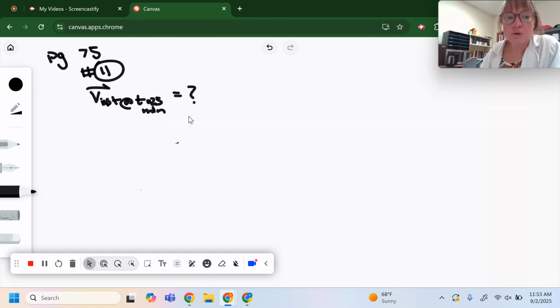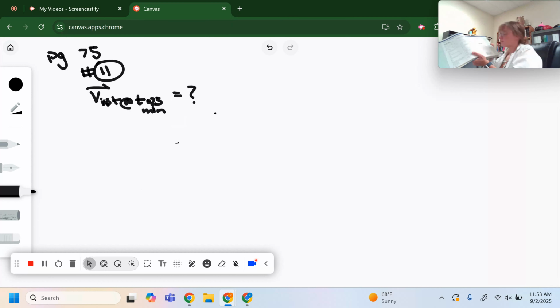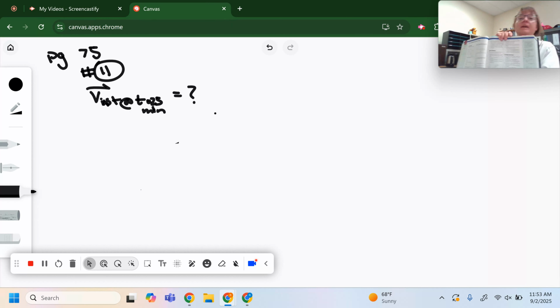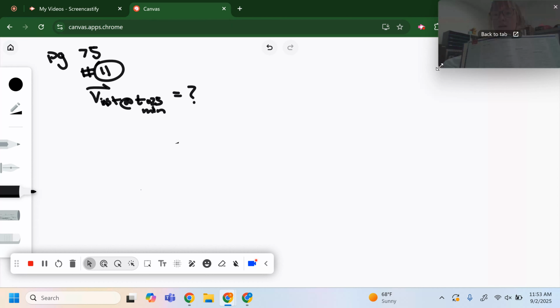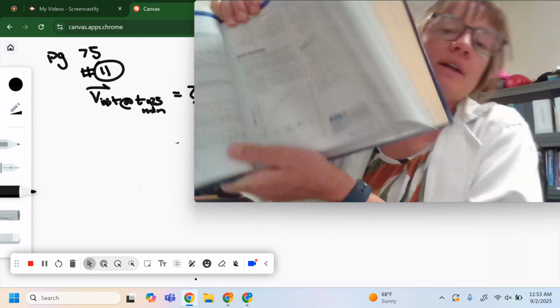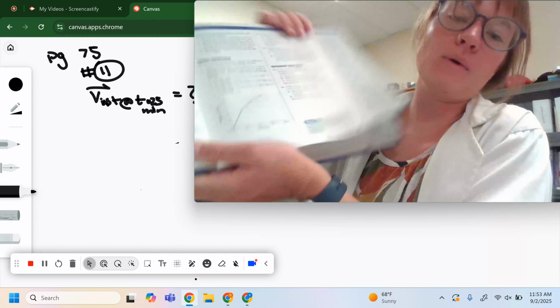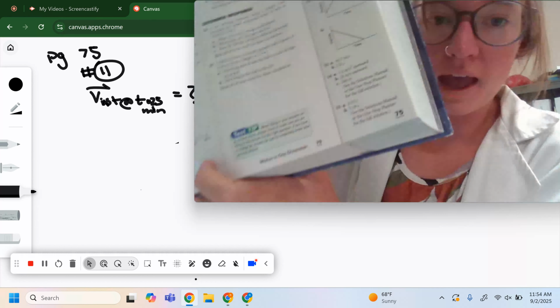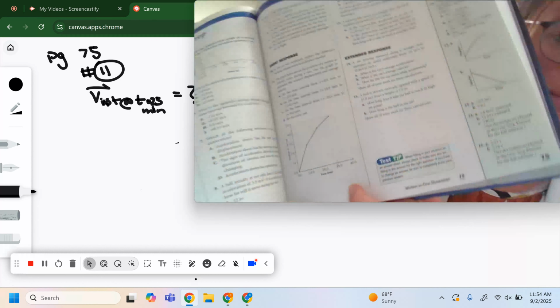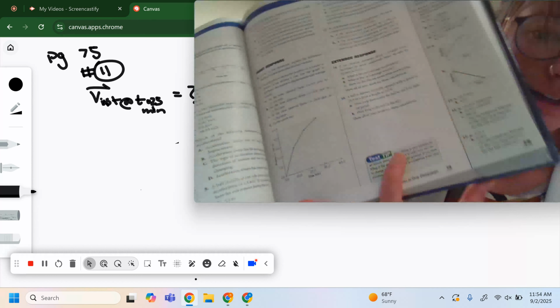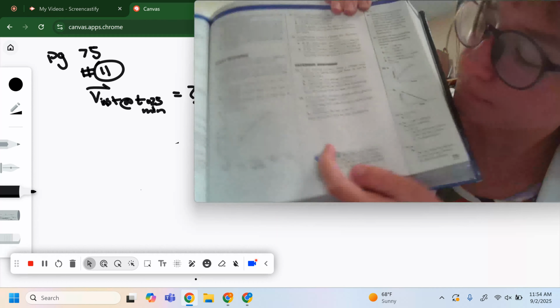The way that we are going to find the instantaneous velocity at 25 minutes is, I'm actually going to make this big so that you can see it. This is all backwards, very confusing.